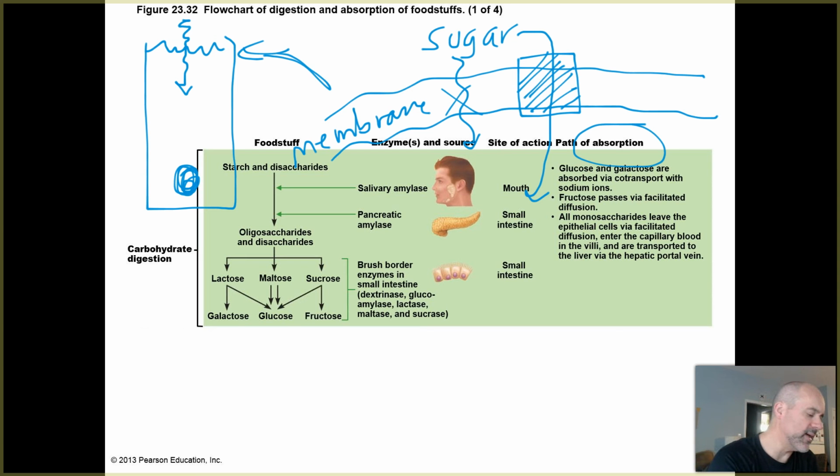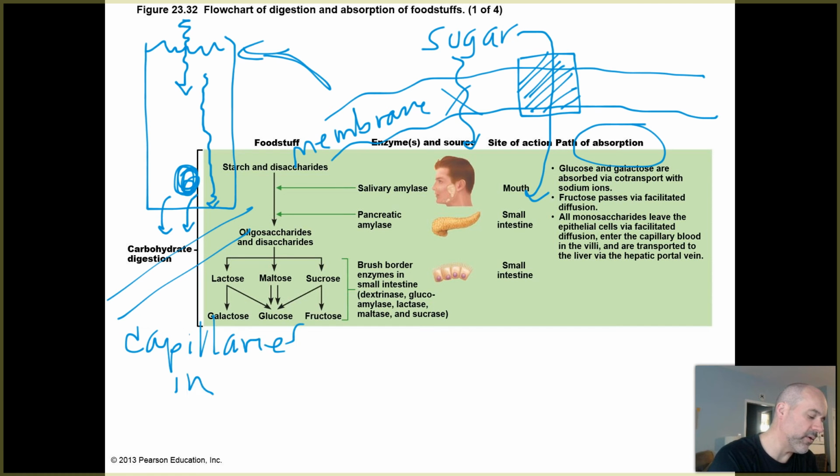And then they pass across these cells and are released out on the other end of the cell, which is also called the basal end of the cell. From there, they enter the connective tissues that underlie the cells, and wind up being taken in by capillaries in the intestinal wall.